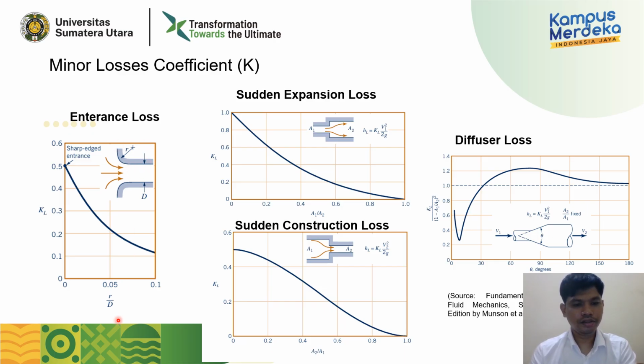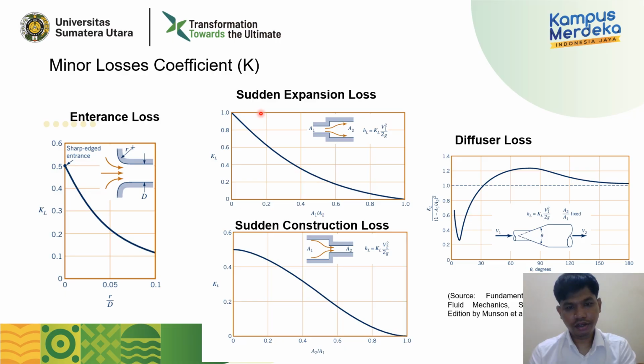D is the diameter of the pipe. You can see here the higher the r per D ratio, the smaller the coefficients of minor losses.